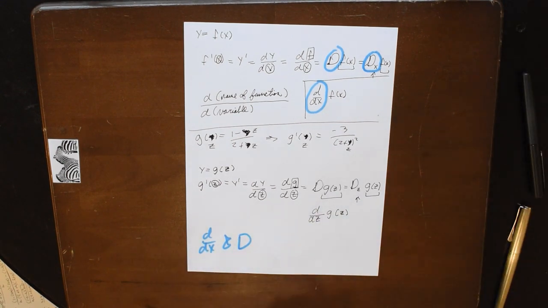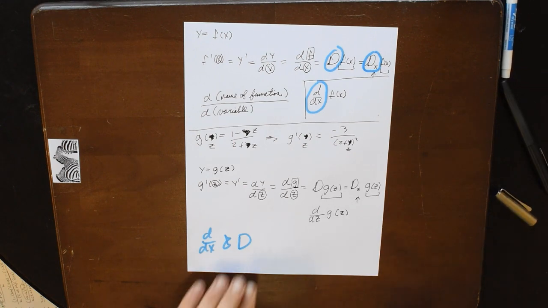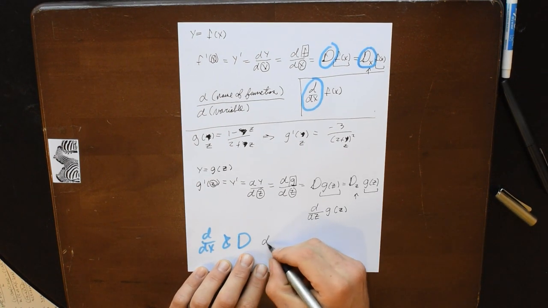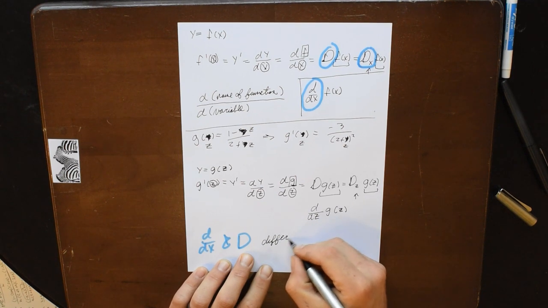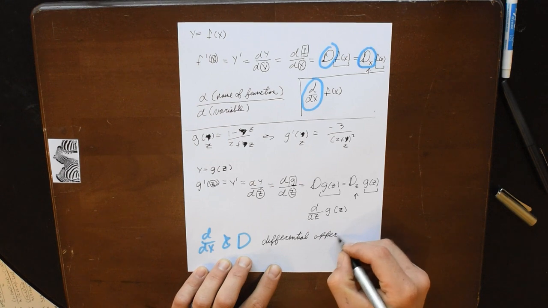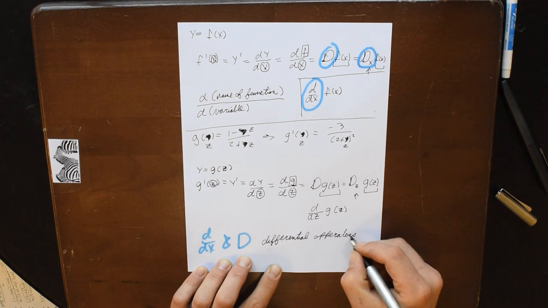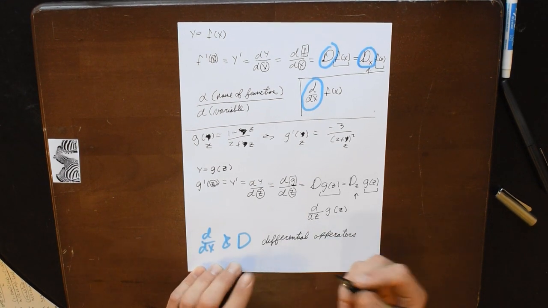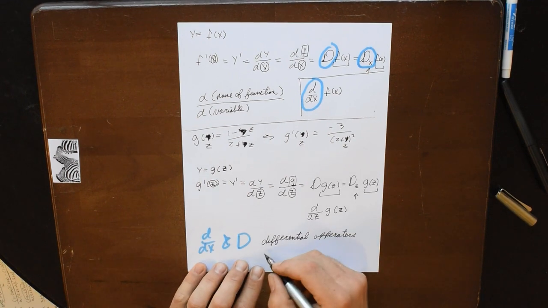and I'm not going to write in an expo on paper. These are called differential operators. And they denote the operation of differentiation.